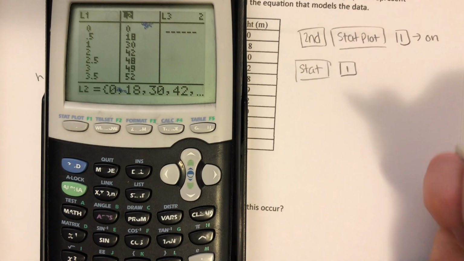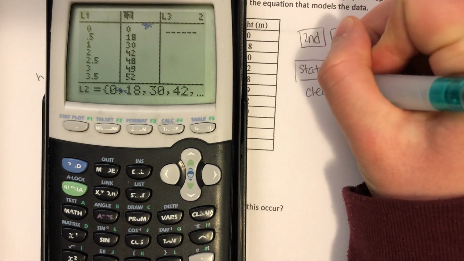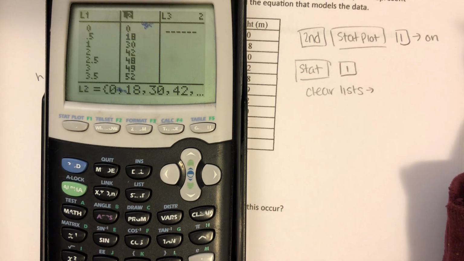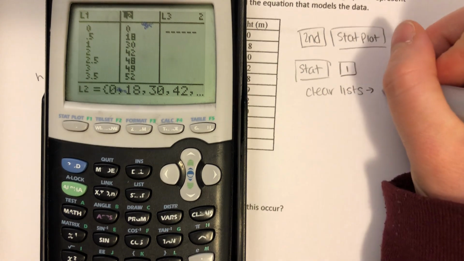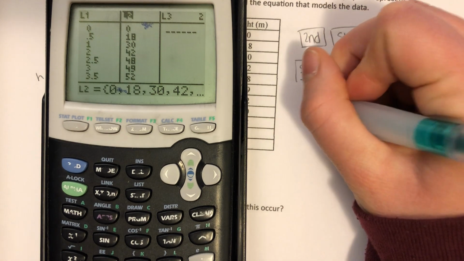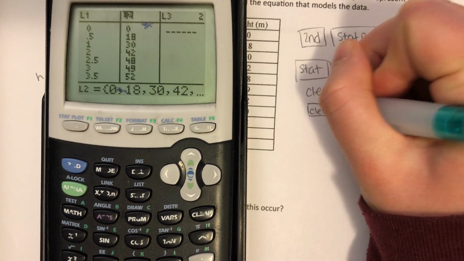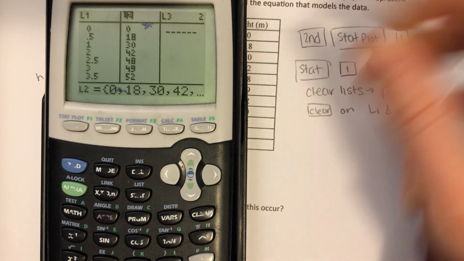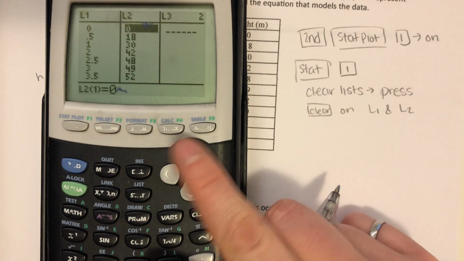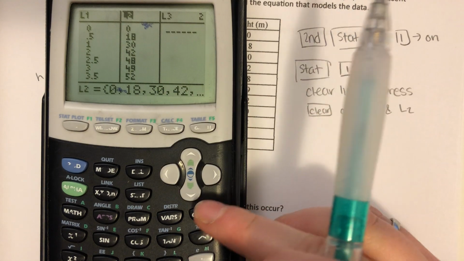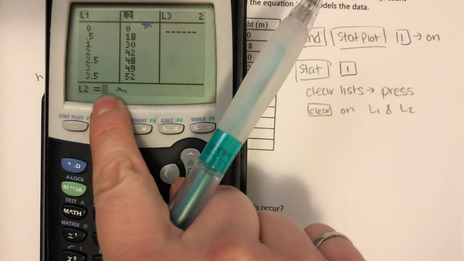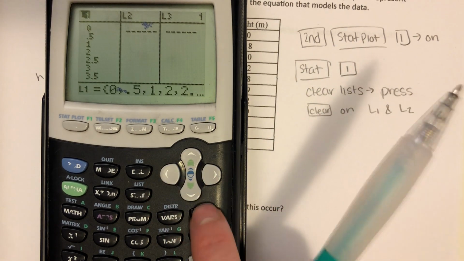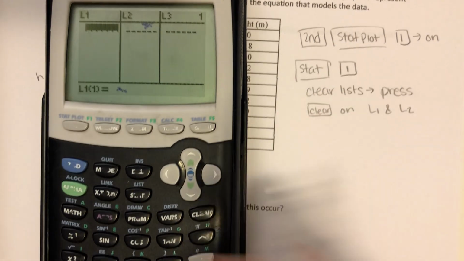So we need to clear the lists because generally we won't have cleared them before. So I'm going to scroll up to L2, press clear, and see how it goes away, and then hit enter. Same deal there, clear, enter, all my lists are empty.